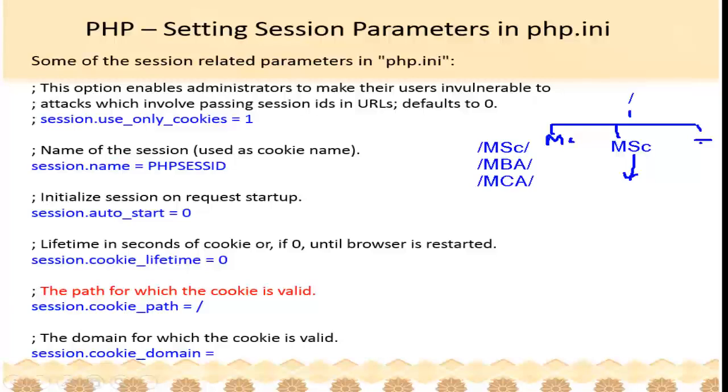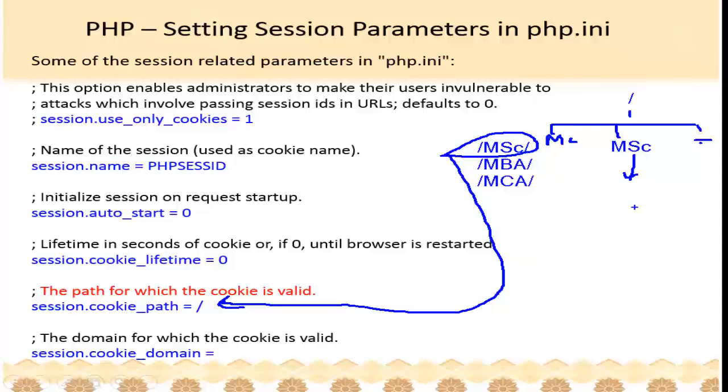If you put that line over here, the cookie will be available only in this region. You are telling the browser that if the request is coming to this location, anything inside this location, then only send the cookie. If the request is coming for MBA or MCA or any other section, do not send this cookie to that location. That is the meaning of saying path.